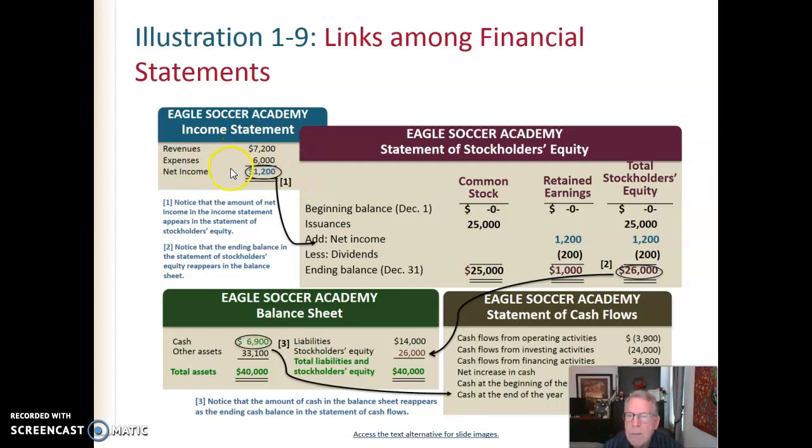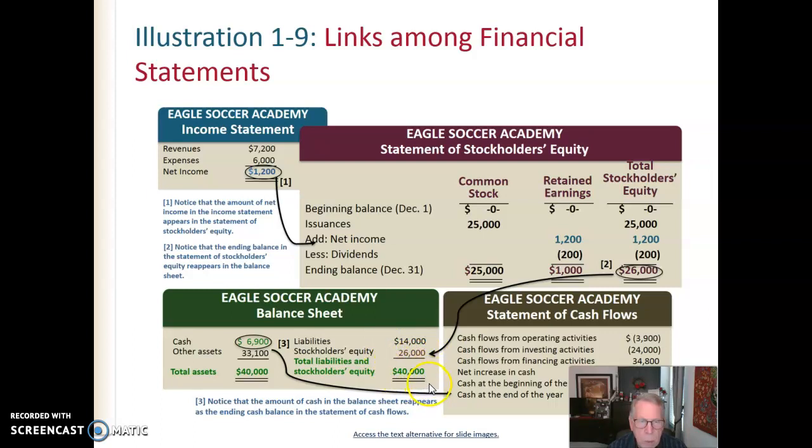We need to have our net income here roll down into retained earnings here on the statement of stockholders' equity under the column retained earnings. Then we subtract out our dividends and we get an ending balance. Now, that ending balance in total stockholders' equity rolls down into the balance sheet here.